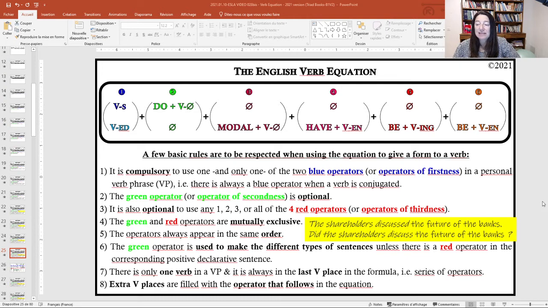So as you can see, did is actually the past of do, and then that's the verb base, discuss, that follows, because it's always do plus V0, and obviously do cannot work on its own. It needs to be associated either with VS or with VED, sorry, and it's the same for all the red operators. They cannot work without VS or VED.